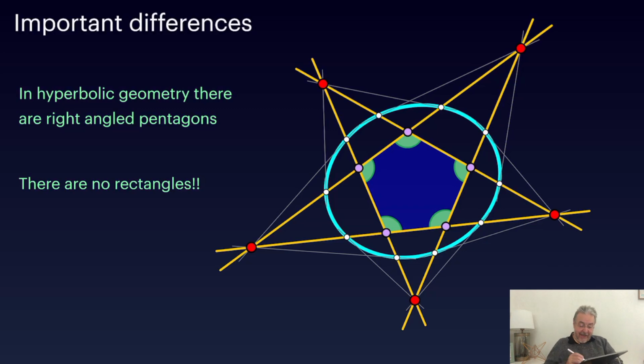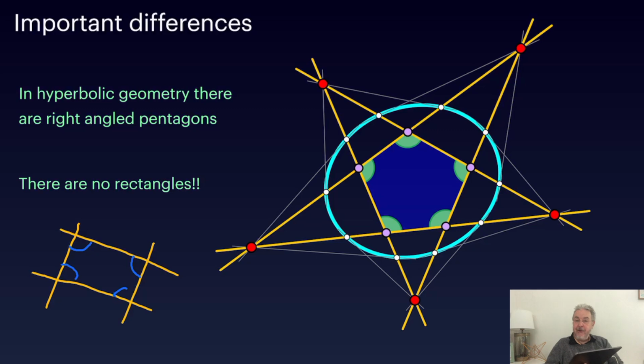But on the downside, in hyperbolic geometry, there are no rectangles. So there is nothing like in the Euclidean case, a situation where you have 4 lines such that the angle between the 4 consecutive pairs of lines is always 90 degrees. You cannot do that in hyperbolic geometry. I don't show you why this is the case.